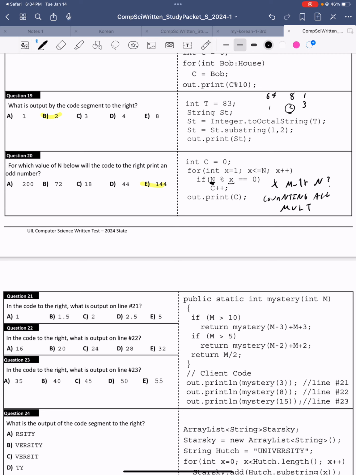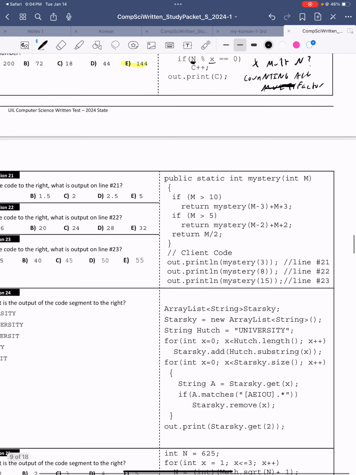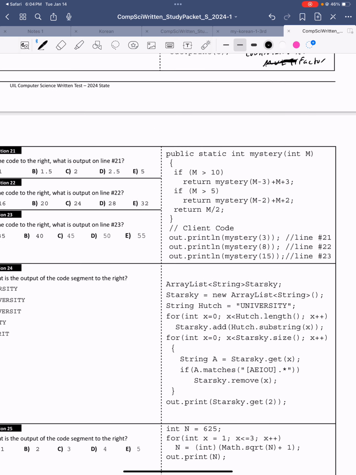Or all factors, sorry, that's what I meant. Counting all factors. And if you want an odd number of factors, the number has to be a perfect square, right? It's kind of like symmetrical that way. So yeah, it's E. Okay, this one, 21, 22, 23.